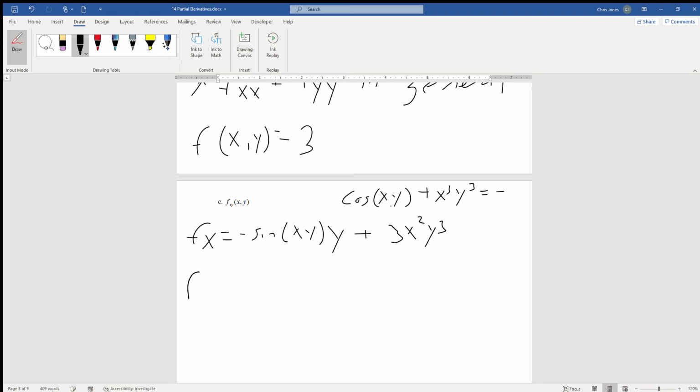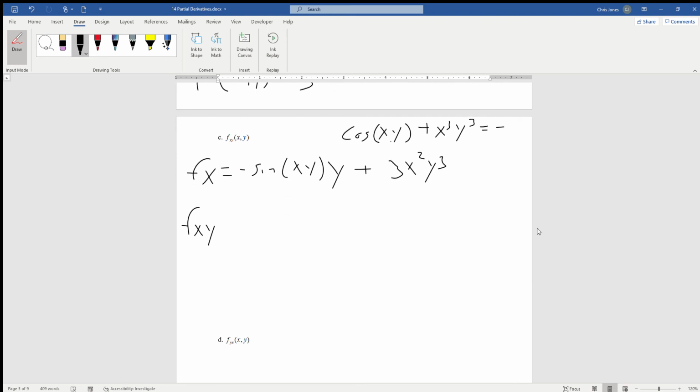Now we're going to find fxy, and unfortunately fxy is a product rule for the first term. Derivative of sine, negative cosine, and then the derivative of the interior function with respect to y this time is going to be x.